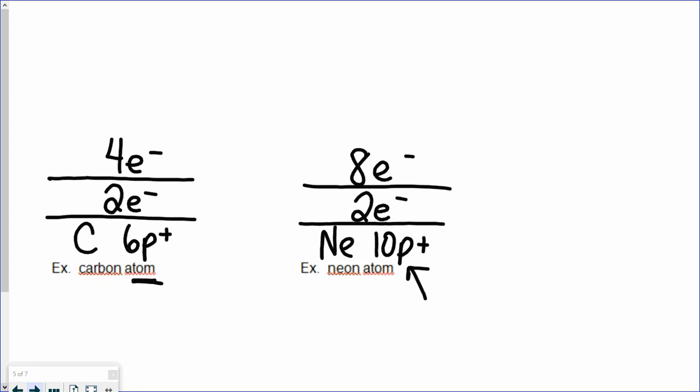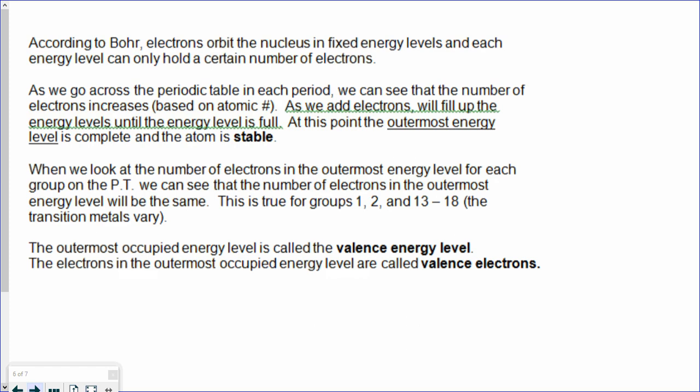So just to read that last little blurb there, it says, according to Bohr, electrons orbit the nucleus in fixed energy levels, and each energy level can only hold a certain number of electrons. As we go across the periodic table in each period, we can see that the number of electrons increases based on the atomic number. As we add electrons, we fill energy levels until the energy level is full.